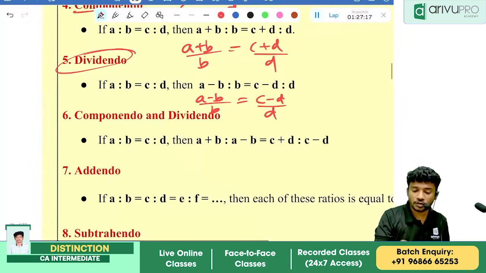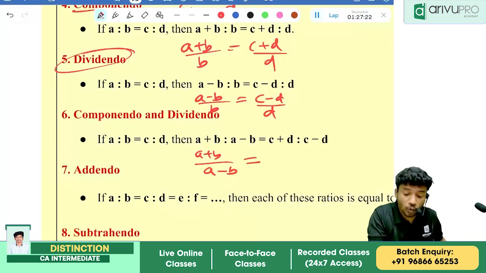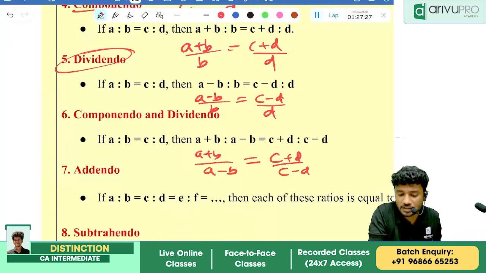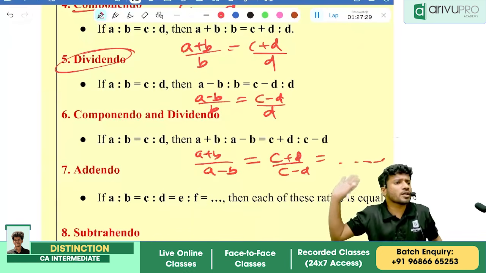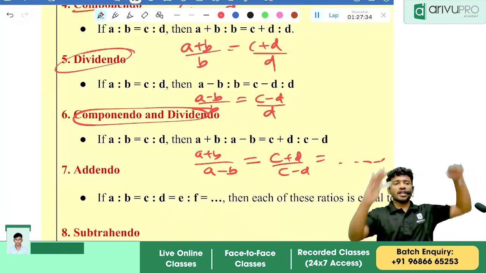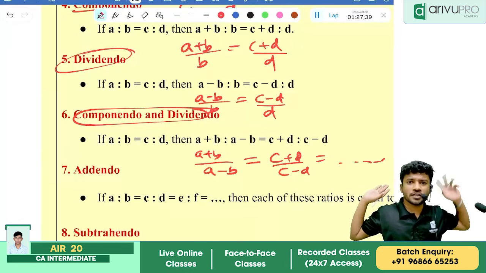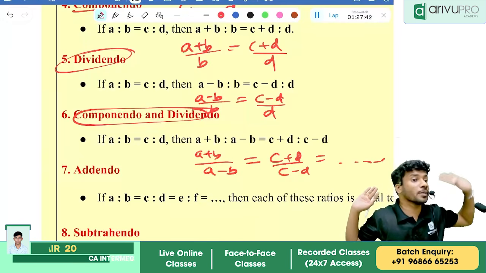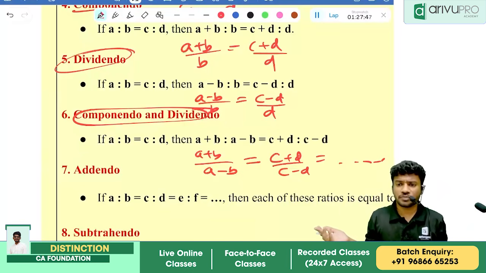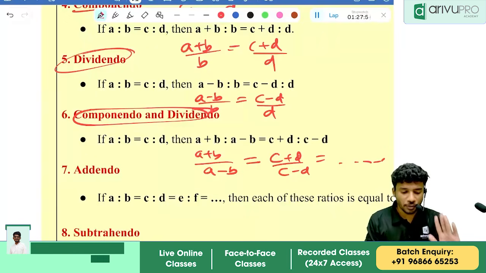That is A plus B divided by A minus B equal to C plus D divided by C minus D, etc. That is called componendo and dividendo. Whenever there is a plus sign, that means componendo. We are adding the denominator to the numerator. Dividendo means subtracting. Componendo and dividendo means A plus B divided by A minus B.